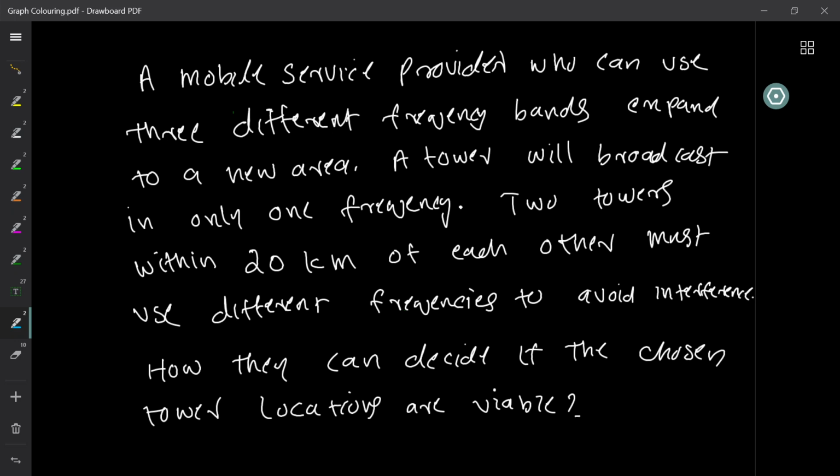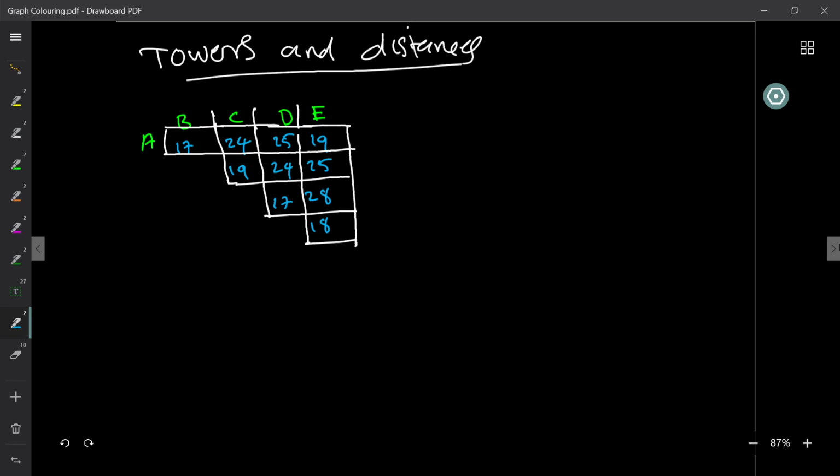And how do you do something about it? Right? So let us say that the company has managed to come up with the following data, that you have the tower locations and the distances between them. So let us say that you have five towers, A, B, C, D, E. And then the distances between the pairs of towers are given in this table.